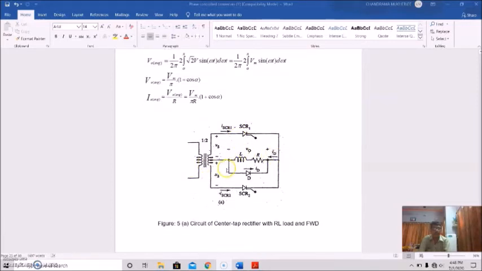And this is the circuit: center tap, RL load and freewheeling diode. This is thyristor 1. This is the output current. This is the output voltage across this load.